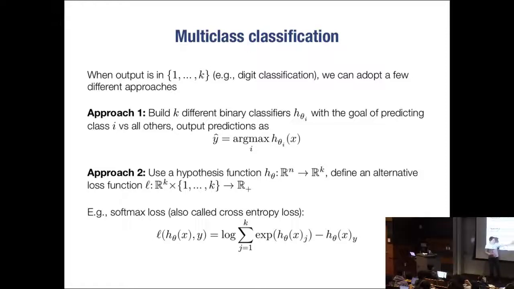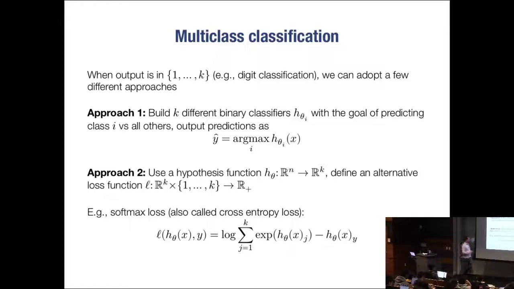I don't want to belabor the point here because it's a little hard to interpret the first time you see it. But there's a very natural generalization of logistic loss that applies to multi-class, called softmax loss, or sometimes cross-entropy loss. The form is right there if you care about it, but I'm not going to go into it. It penalizes you in the right way.